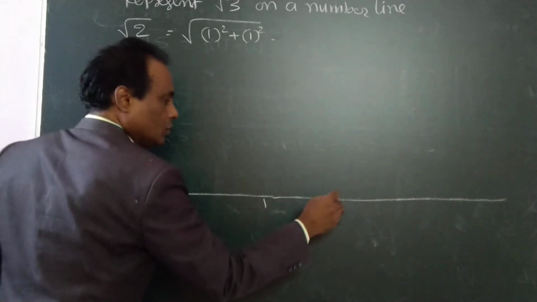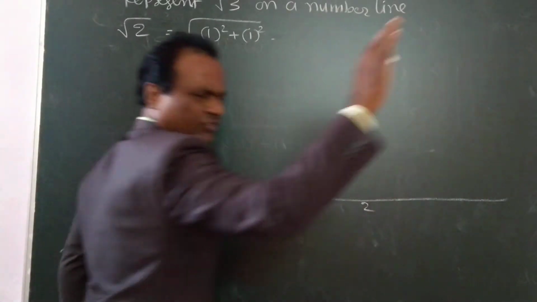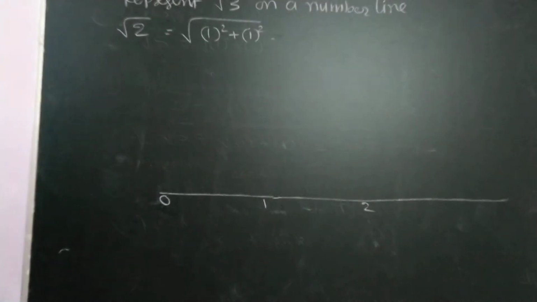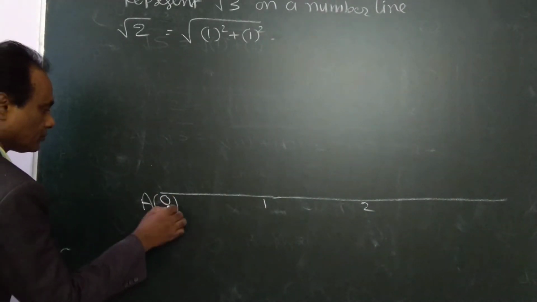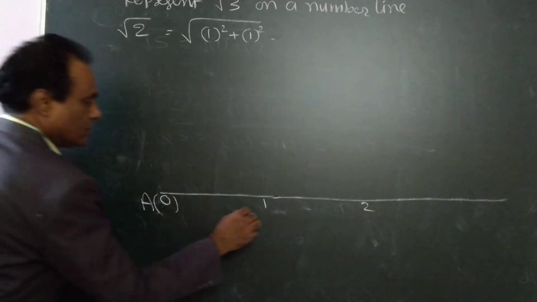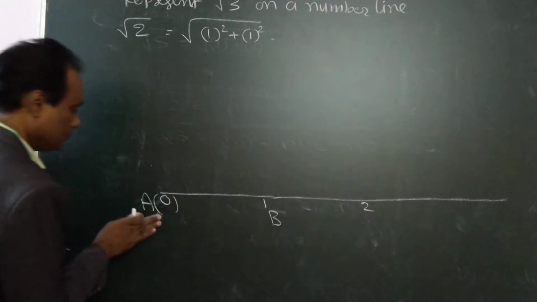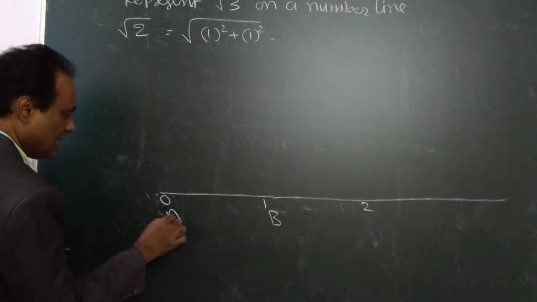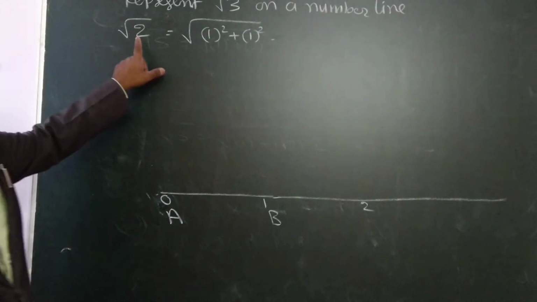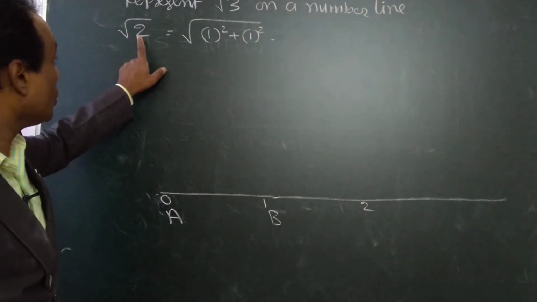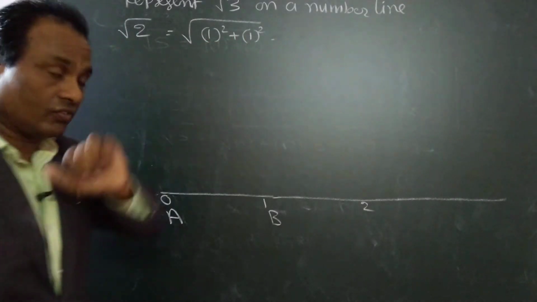Zero, 1, 2, like this. Take this as A, this as B. A, B, like this. Root 2, first I will represent root 2. Root 2 means 1, 1.